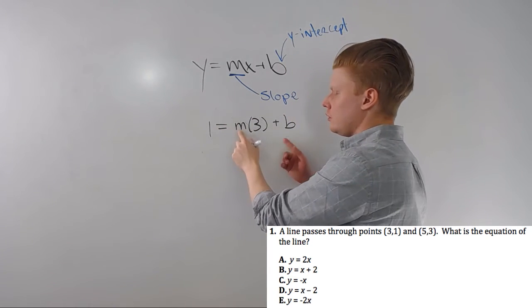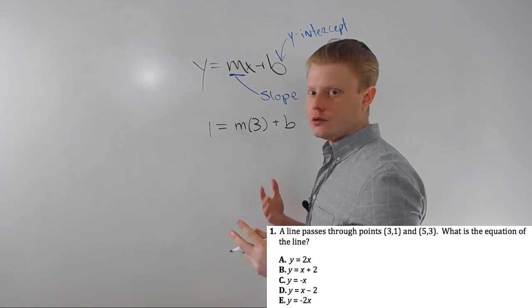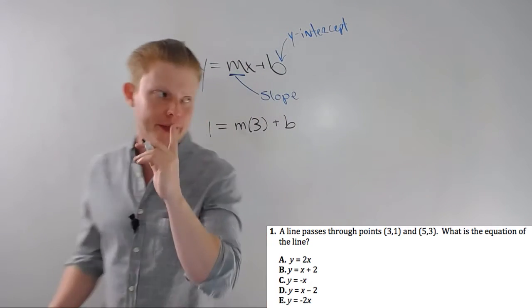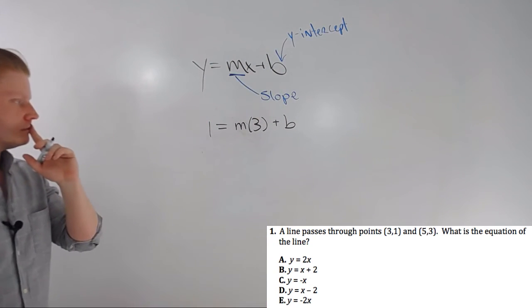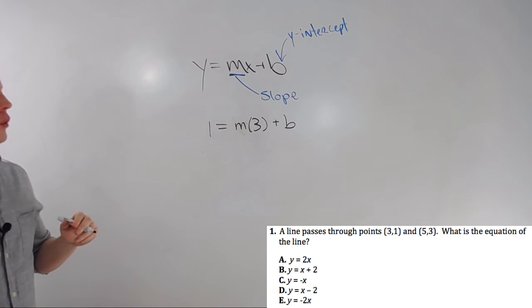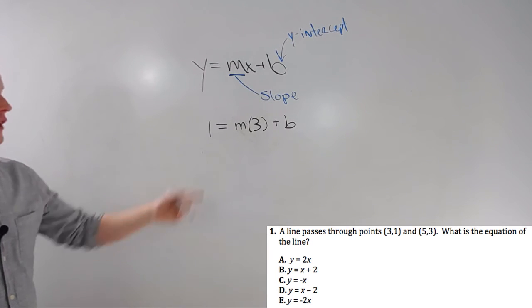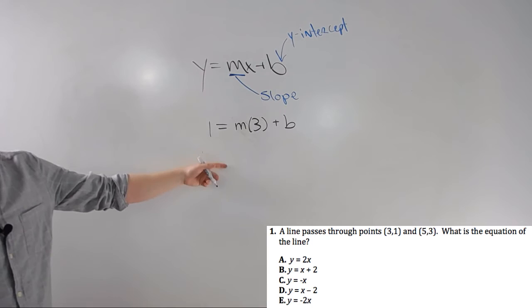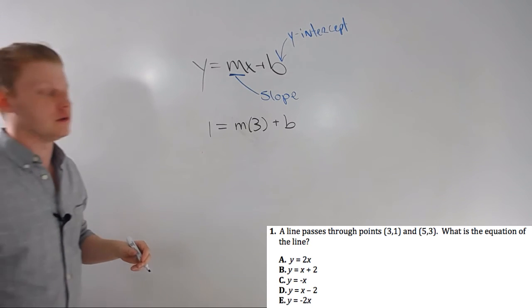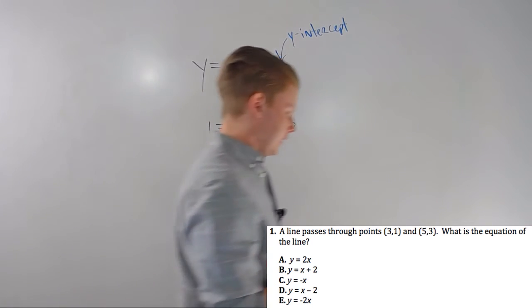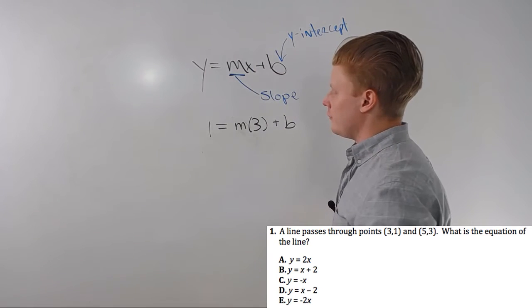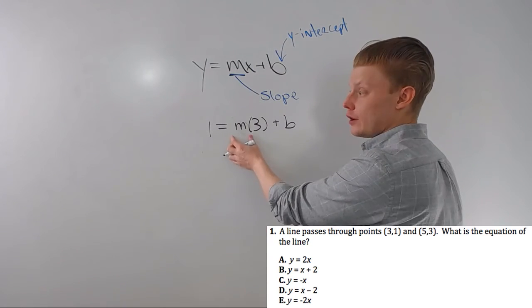There are two variables and one equation. Can't do that. Check out systems of equations if you have a question on that. You actually could solve it as a system by doing that with the second point if you really wanted to. But what I can do is find the slope and plug that in for m.